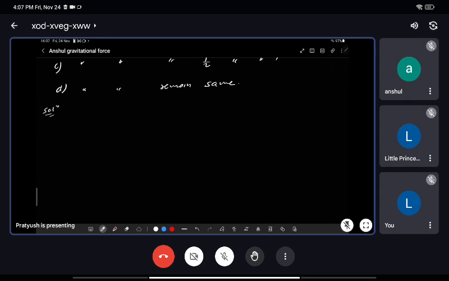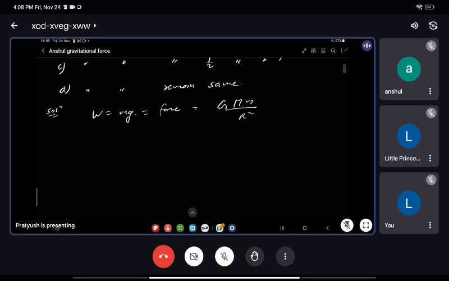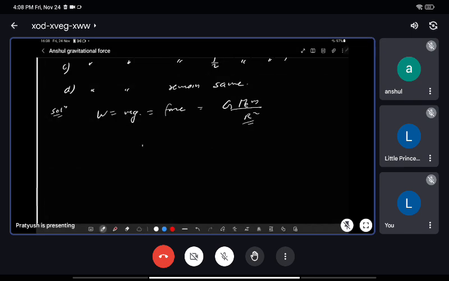See one thing. Weight is mg, and this is nothing but force, which is equal to G m1 m2 upon r square. Now when the diameter or radius of Earth becomes double, and mass remains unchanged, then what will be the new weight?